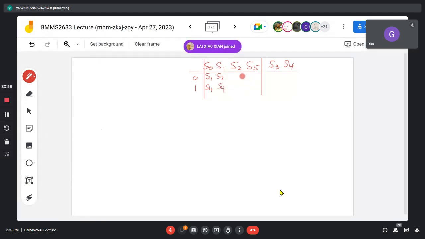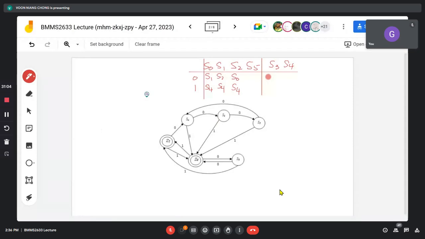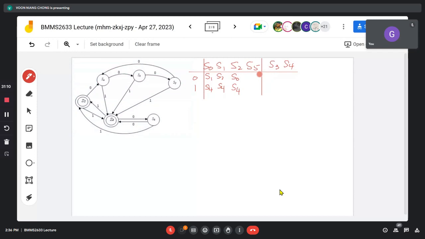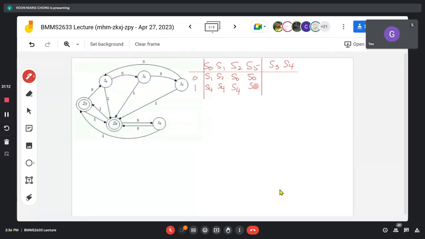And then S2 we have S0, S4, S5, S3, 4 and 5. And for S4, we have S3 and S5.